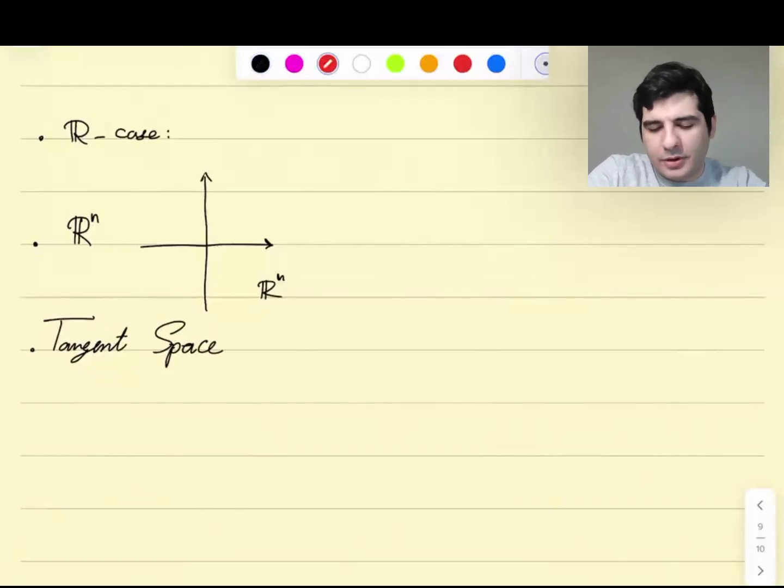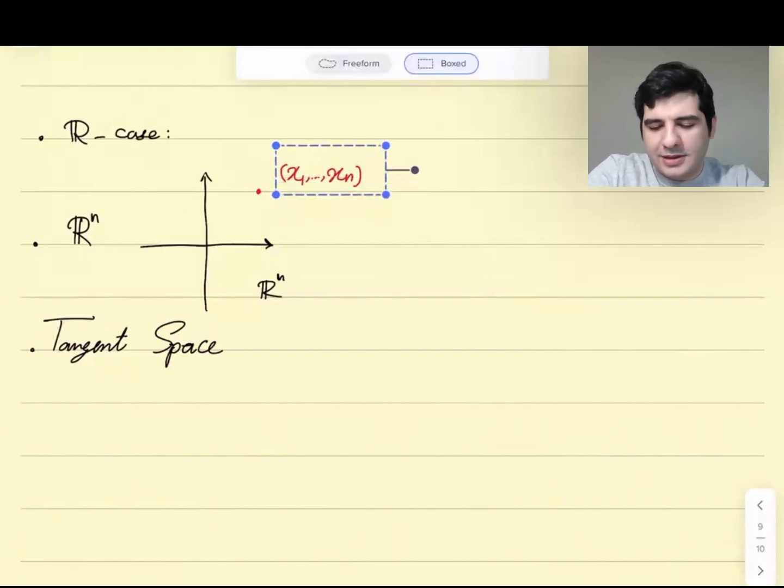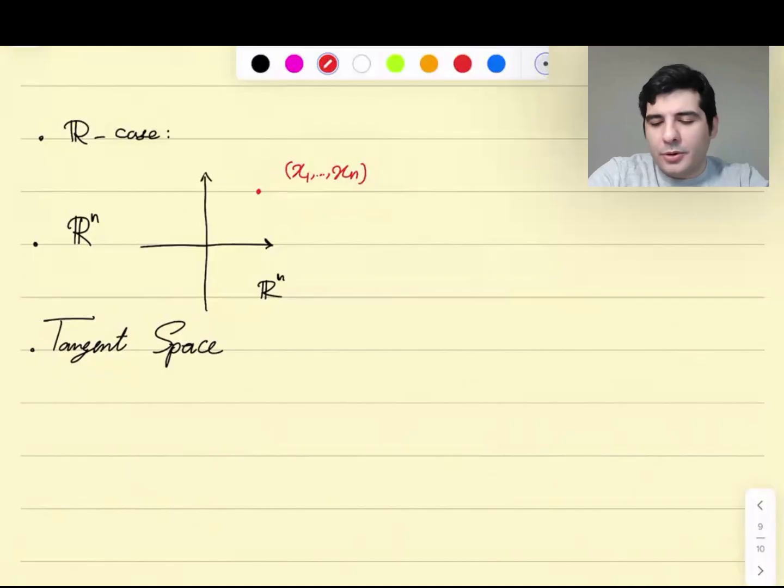So let's fix a point, say x1 up to xn, a given point in R^n.